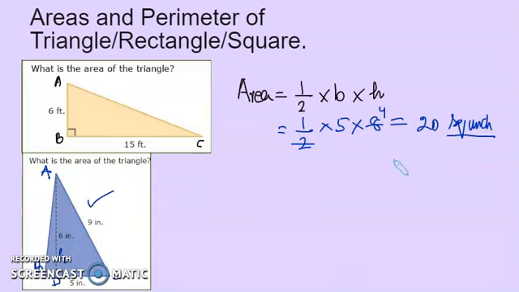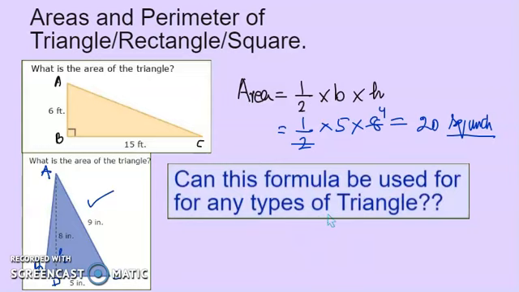Now the question is, can this formula be used for any type of triangle, be it a scalene triangle, be it isosceles triangle, be it right angle triangle? So the answer is yes. This formula is a universal formula and it can be used for any type of triangles.